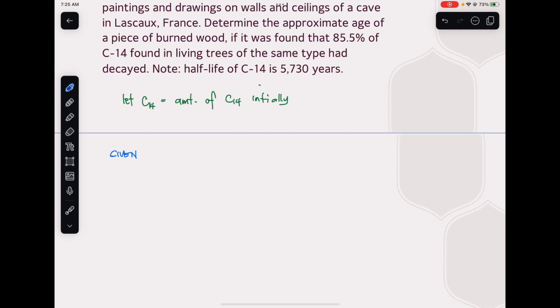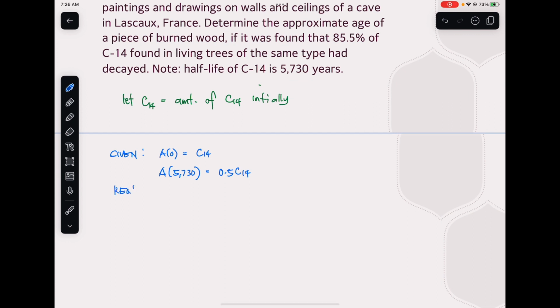Then we write our given that initially the carbon-14 is 100%. So when time is equal to 0, that would be 100% of C14. Then the half-life of C14 is 5,730 years. So that means 50% decays and only 50% remains of the original amount of C14.